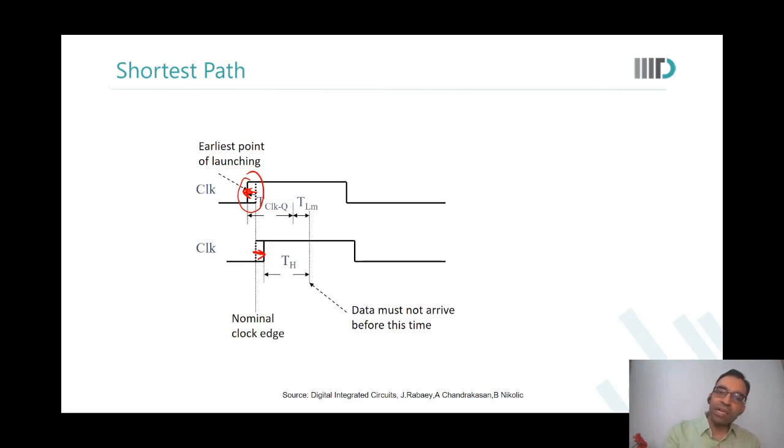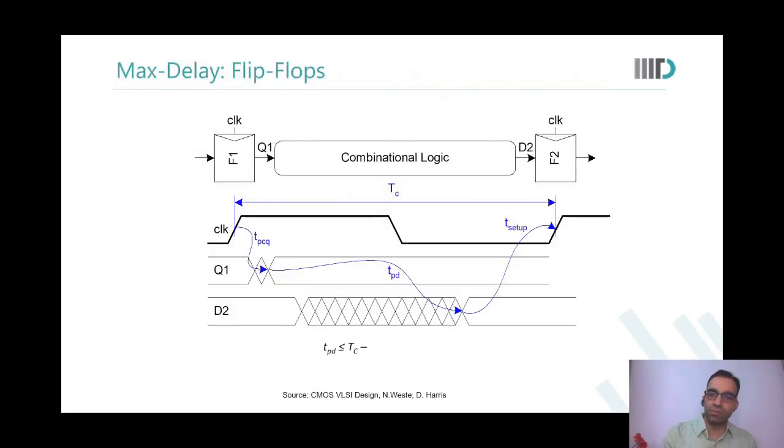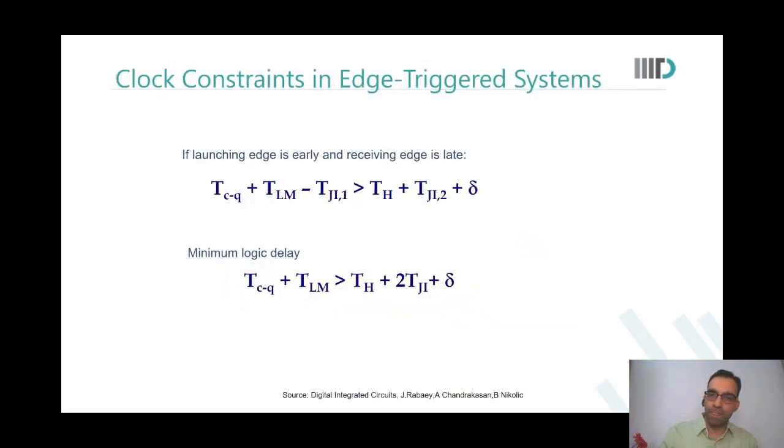So data must not arrive before T hold plus jitter now. So you have CQ plus the logic path delay minus jitter has to be greater than hold requirement plus jitter plus skew. So again, you see 2 jitter got added.